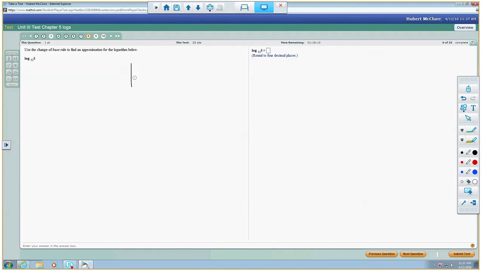These are gimmies. Log base 32 of 8. The log of 8 over the log of 32. And what is that?